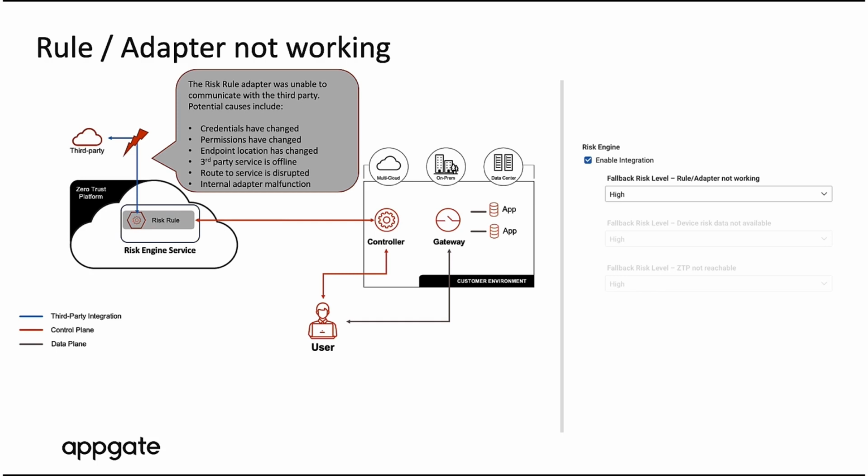So these are the scenarios that would cause this kind of break. If any of those conditions happen, if the risk rule was unable to communicate with a third party, then the fallback risk level highlighted here would be used instead.